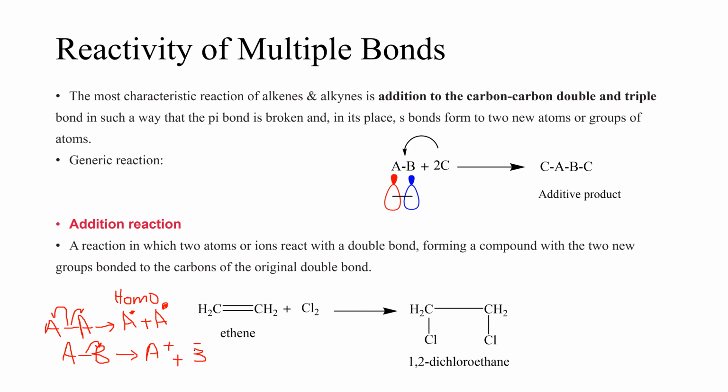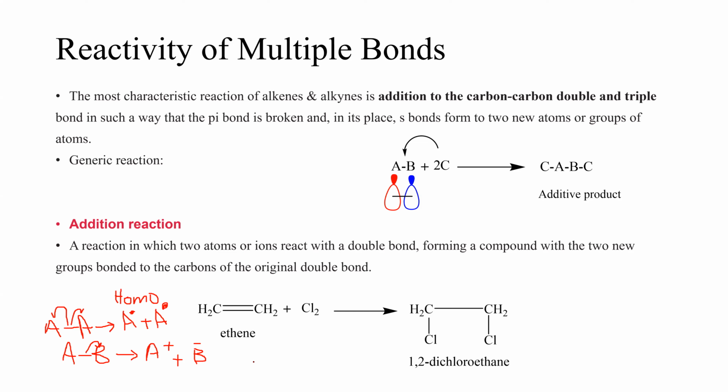So this is basically heterolytic cleavage. In heterolytic cleavage, A and B are the bonded atoms, and they are not cleaved in a way that they have the same share of the electron pair which was making that bond, right?